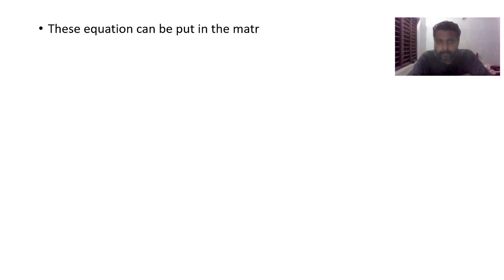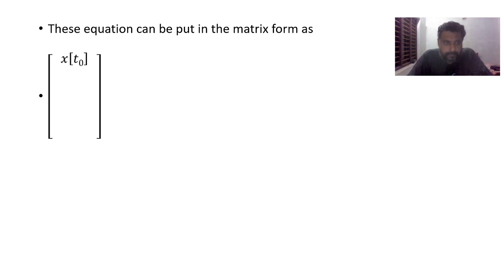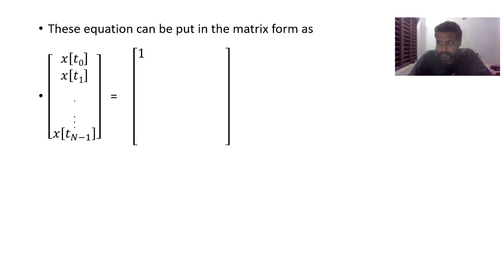This equation can be put in the matrix form as x of t0, x of t1, up to x of tn minus 1, which is an n cross 1 matrix, equal to the n cross 3 matrix with rows 1 t0 t0 square, 1 t1 t1 square, up to 1 tn minus 1 tn minus 1 square.